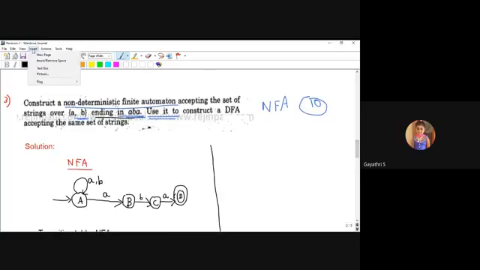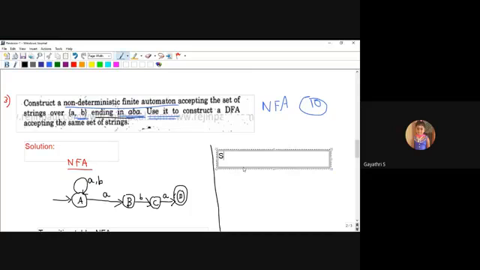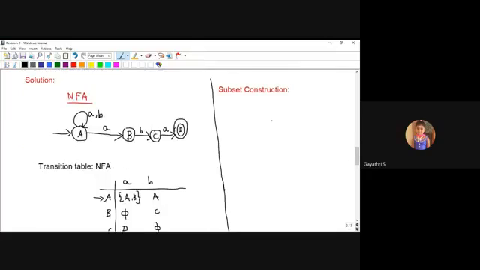Okay. So directly I will draw the transition table of DFA. After applying subset construction, based on the subset construction, I will draw the transition table for DFA.